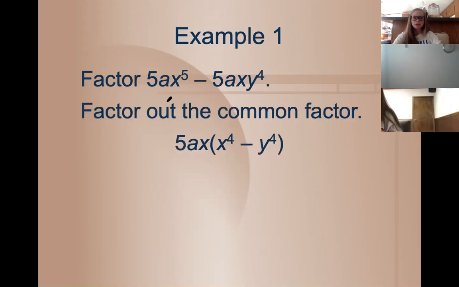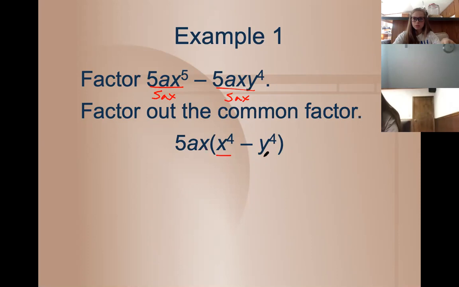So when I factor it out, that means I'm dividing. So divide both sides by 5ax. I pulled it out here, and I'm left with x to the fourth minus y to the fourth. What does this look like it could be? This looks like, hey, this may be the difference of two perfect squares, right?